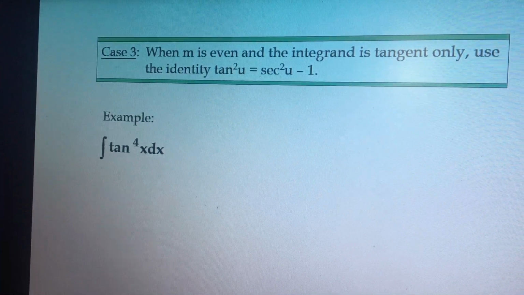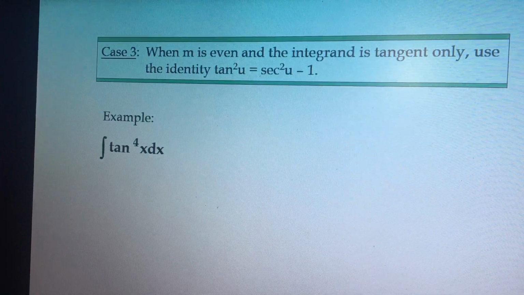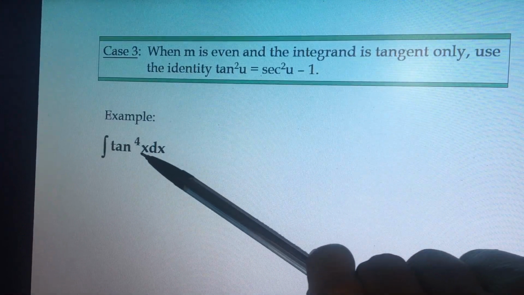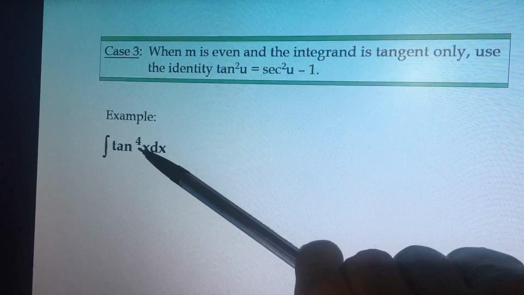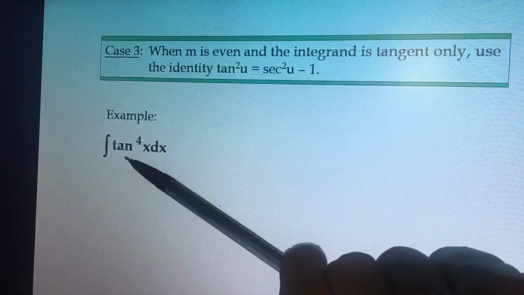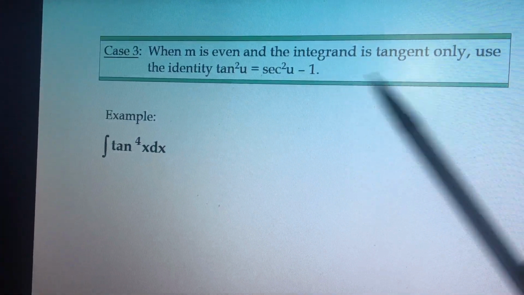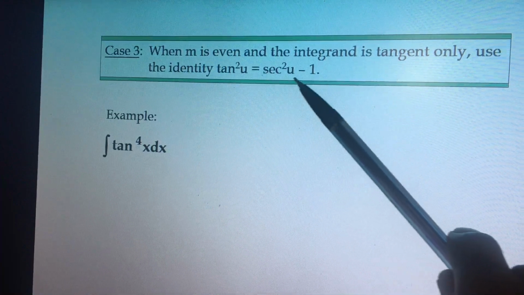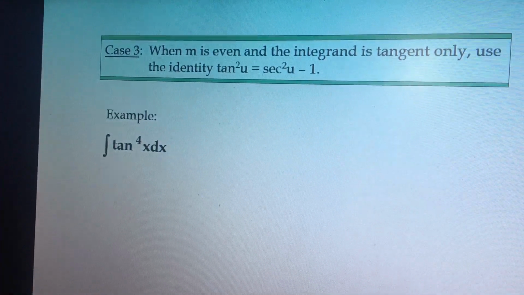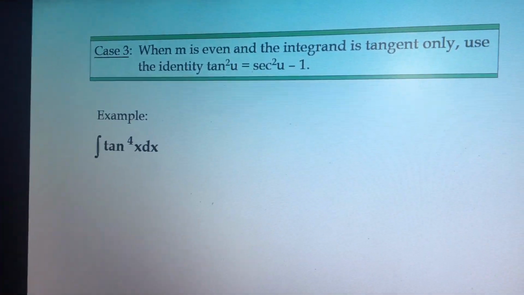Using case 3, if you look at the given, our m is even, and there's only tangent here. So we have to make use of this identity, class, trigonometric identities. I will show you the solution for this problem.